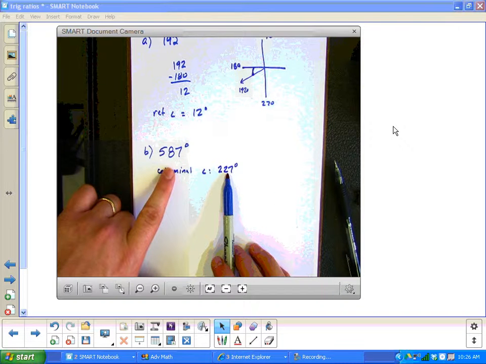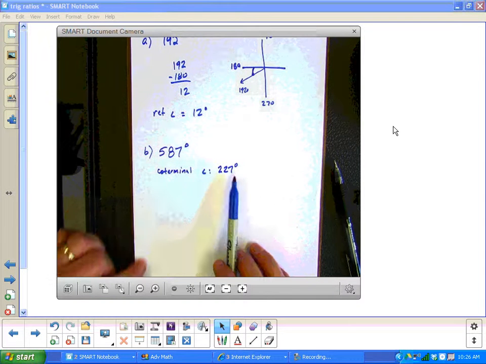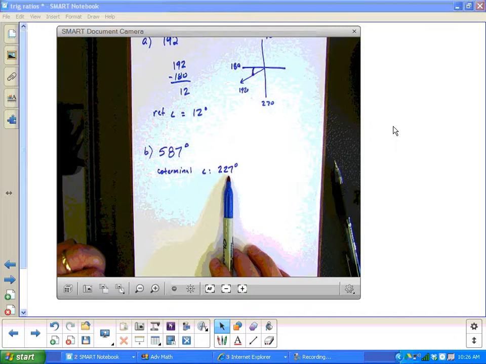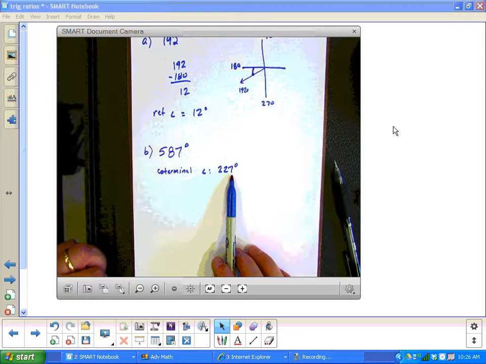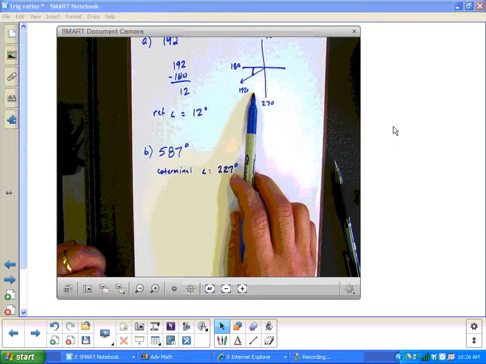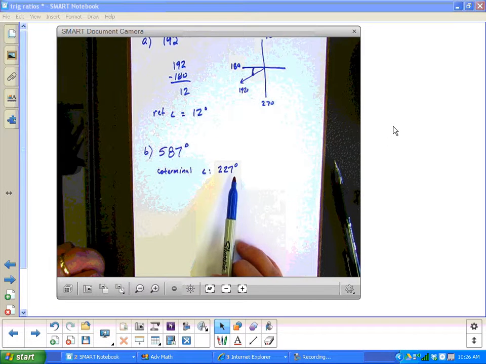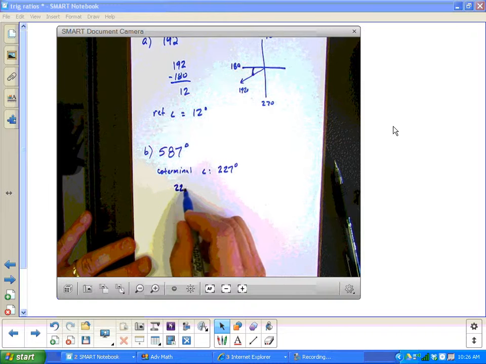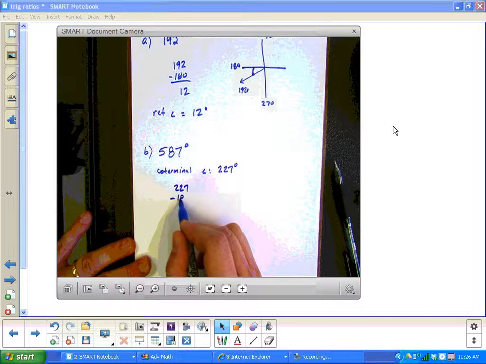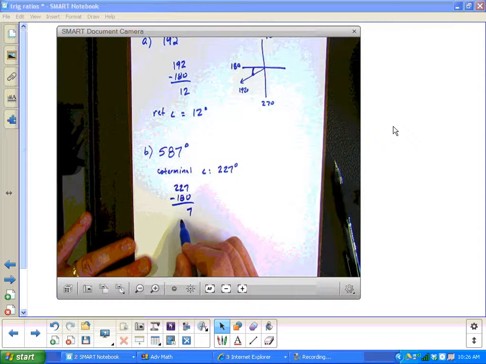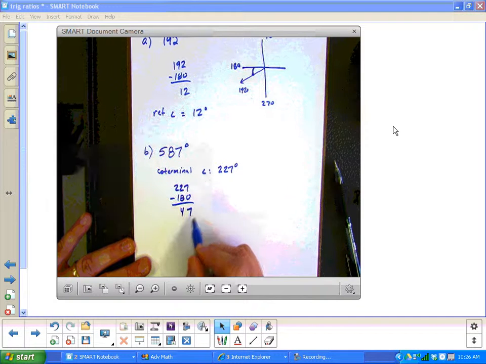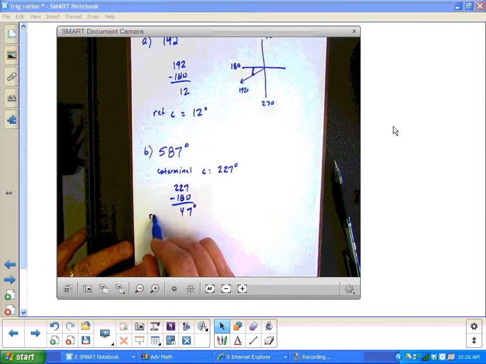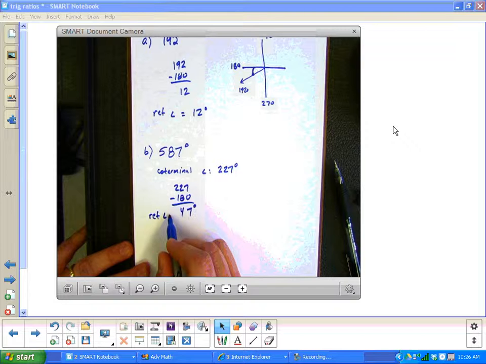No, that's just my coterminal angle. Now, I'm doing this so I can see what quadrant it's going to lie in. So 227 would be in the third quadrant. Okay, so all we have to do is say 227 minus 180 if it's in the third quadrant. Okay, so let's see, what's that going to be? Yeah, 47. Now, 47 would be my reference angle.